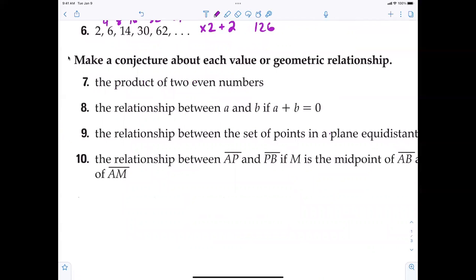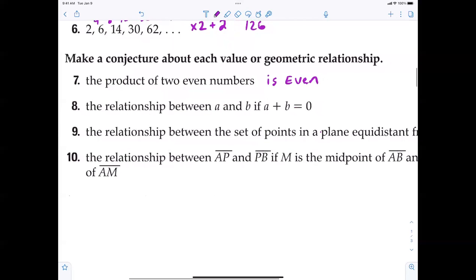All right, so the product of two even numbers. We have to make a conjecture about the product of two even numbers. What's going to happen if I multiply two even numbers? It's going to stay even, right? The product of two even numbers is even. There's actually a way to prove that, but we won't worry about that right now.